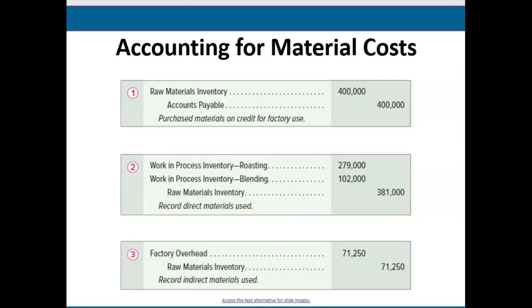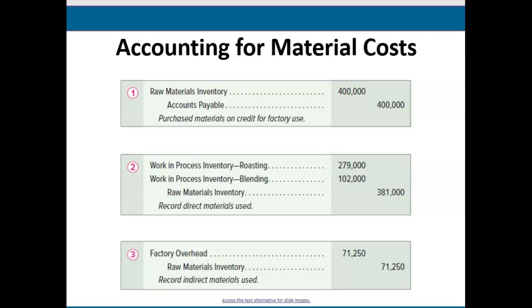So, accounting for material costs. These are your journal entries. Arrow line 1 from Exhibit 3.12 on the prior slide reflects the purchase of raw materials. Gen X uses a perpetual inventory system and makes all purchases on credit.